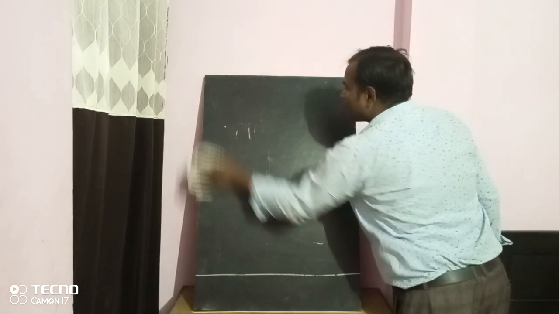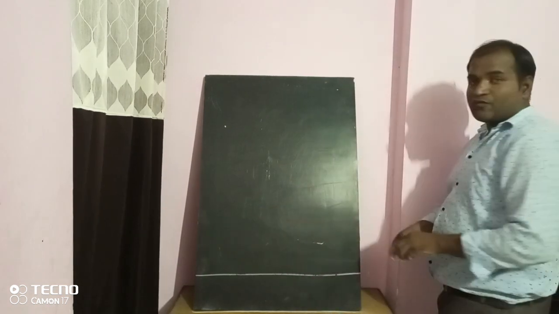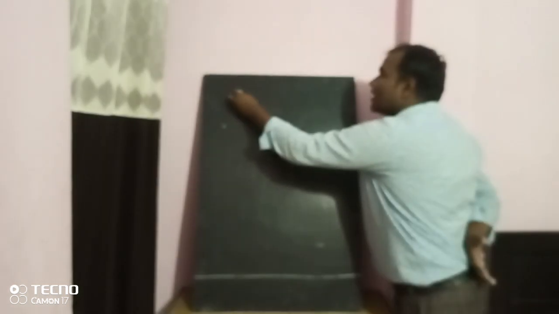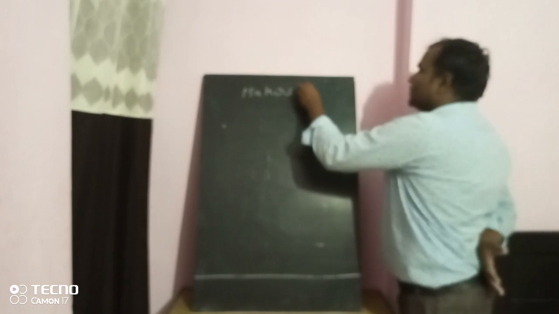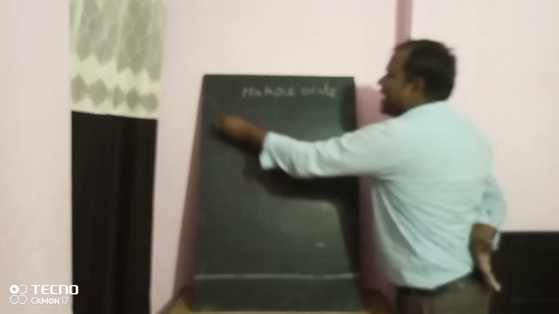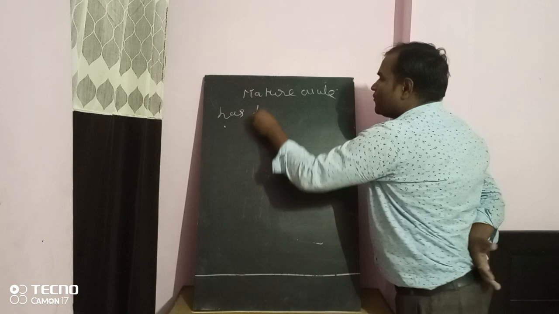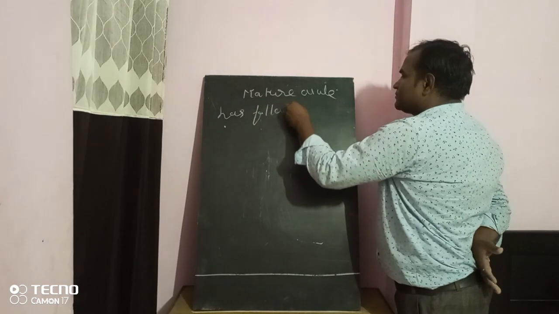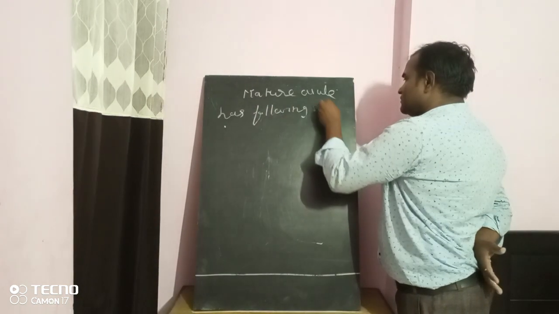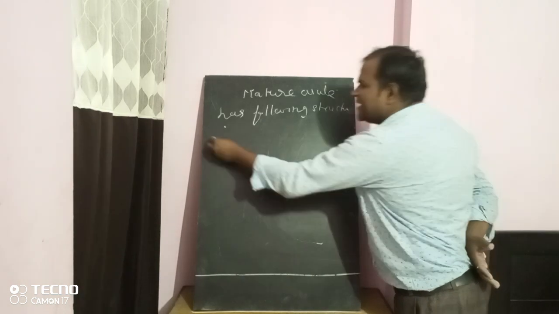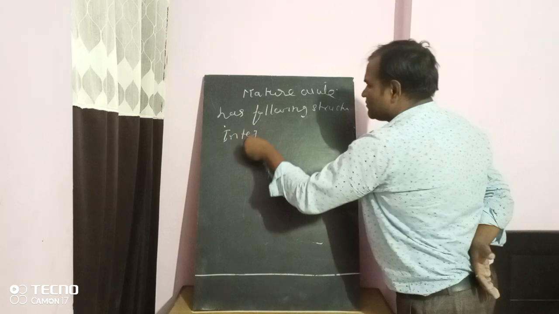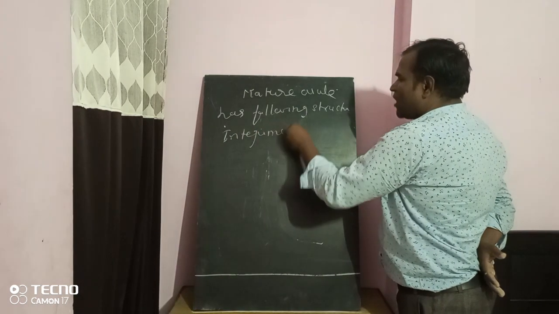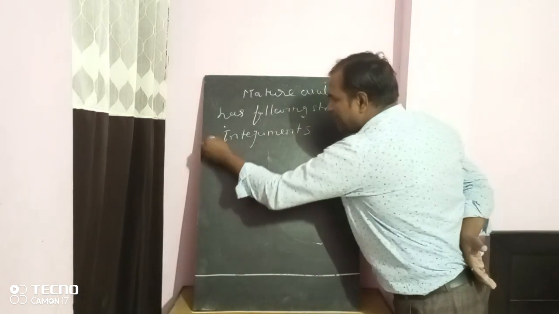So what we understand about the structure of the ovule, let's summarize. A mature ovule has the following structure. It has an incomplete outermost coat called the integument, with an outer integument and an inner integument.